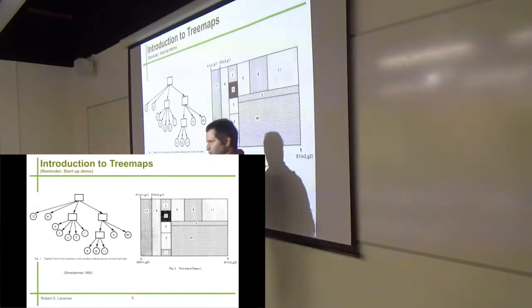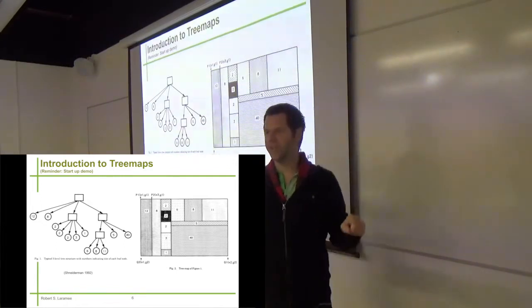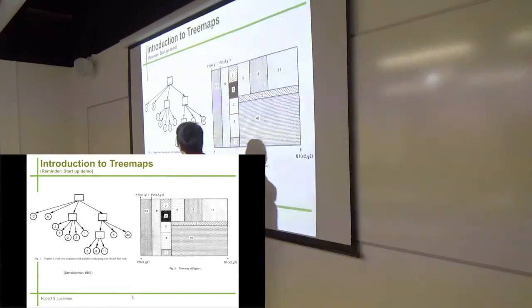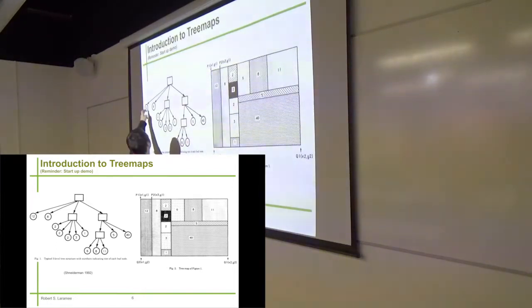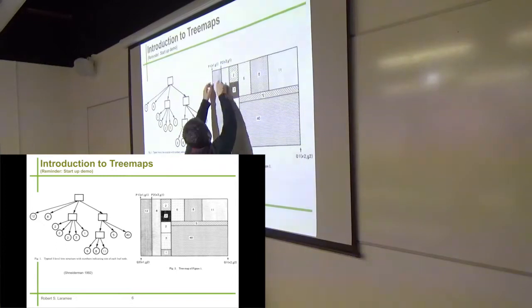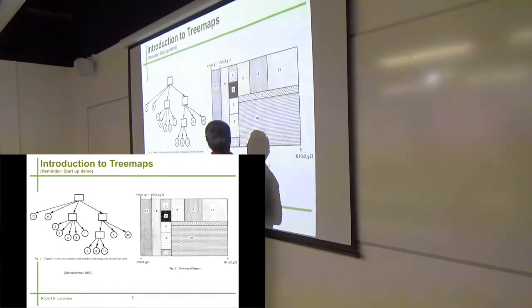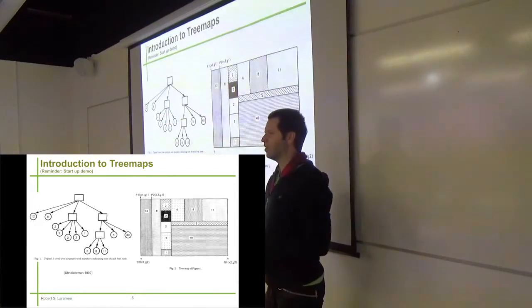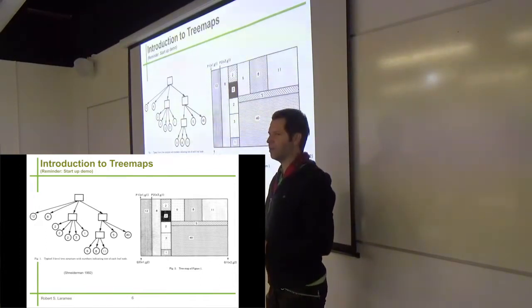And that root node is subdivided by its number of children. So the root node in this case has 4 children, 1, 2, 3, 4. This is a leaf node, it's 12. And that 12 gets mapped to this rectangle right here. And it has no children. It's already a leaf node, so it doesn't get subdivided any further.